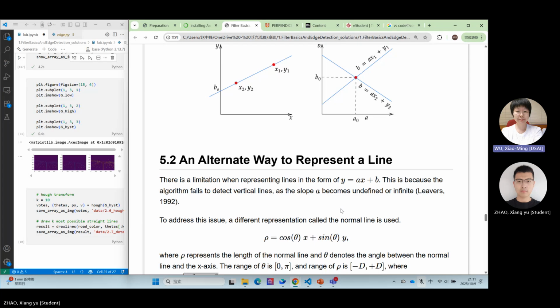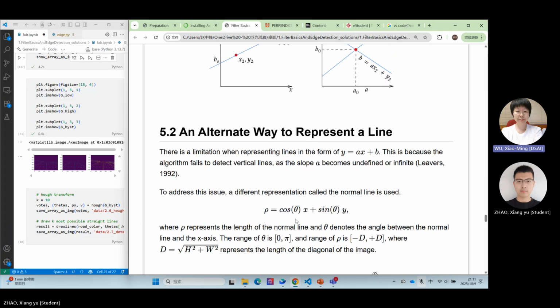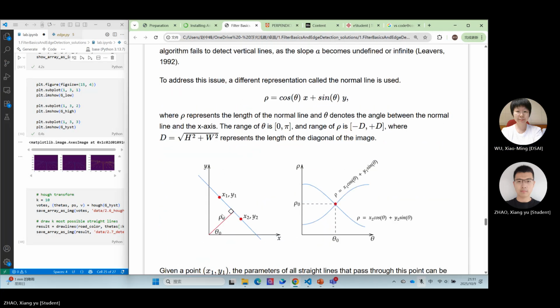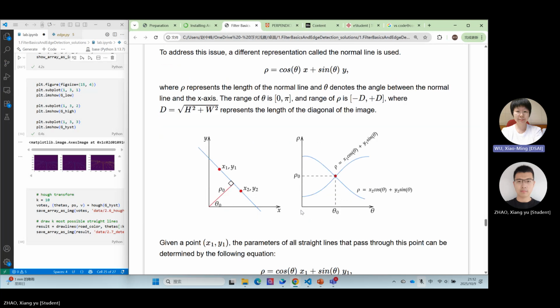To address this issue, we can use the cosine and sine method to represent the normal line. After using this method, every point in the original coordinates becomes a sine curve in the Hough space.